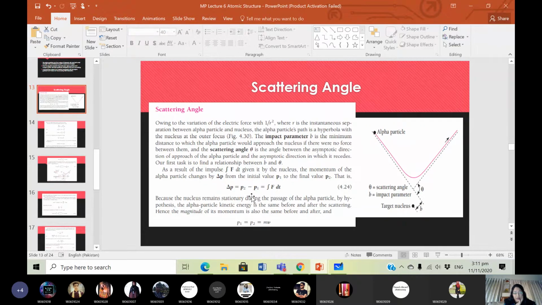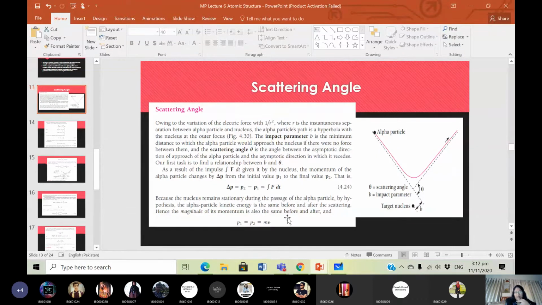So then, why are we using this here? Because of the alpha particle. We made an assumption here that the nucleus remains stationary throughout the passage of the alpha particle. So in that situation, the alpha particle kinetic energy is the same before and after the scattering, right? Because obviously if the nucleus is stationary during the passage of the alpha particle, its kinetic energy would remain the same before and after the scattering, which basically should be 0, right?